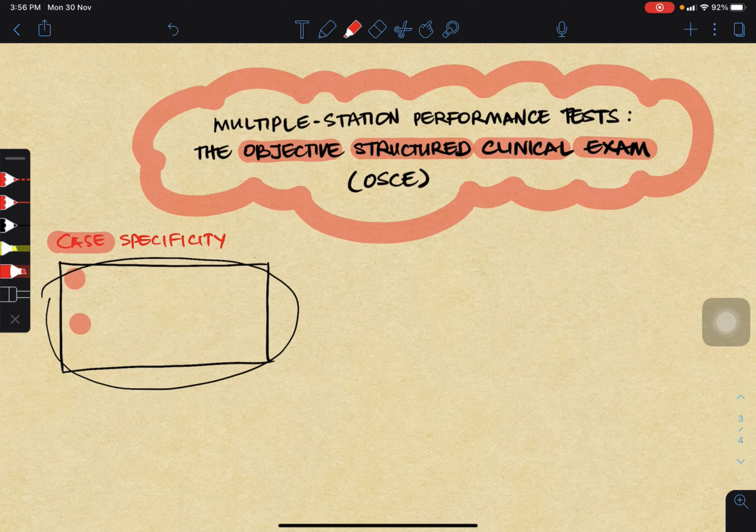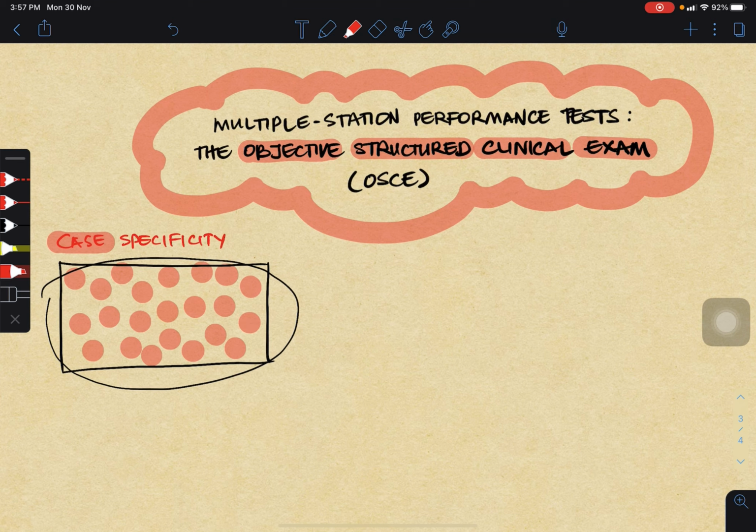They are case specific. Therefore, we need to ask a lot of questions. We have to ask them to perform in a lot of situations before we get a better idea of their universe, of their overall competency. That is the importance of sampling, which is related to reliability.